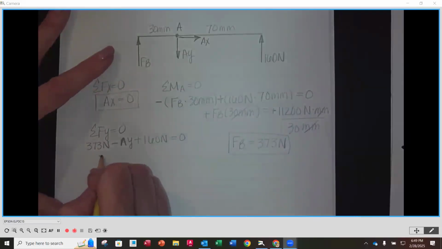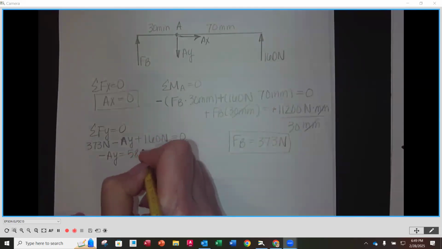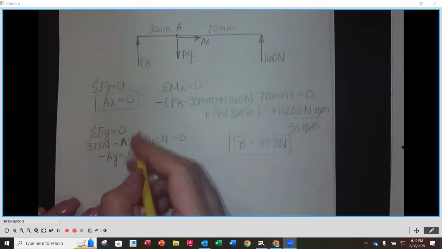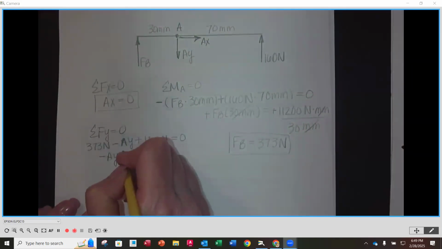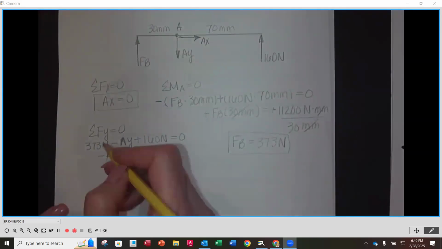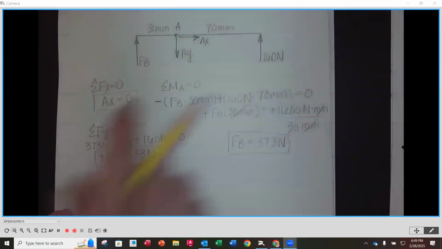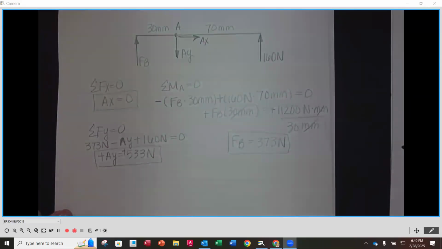So solving for AY, negative AY is going to be equal to negative 373 plus 160, so 533 newtons. Because it's positive on this side, we move it to the other side, these both become positive, right? So that means that the direction that we assumed for AY was correct.